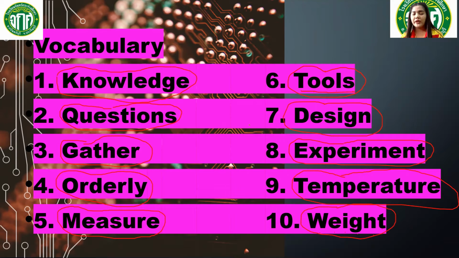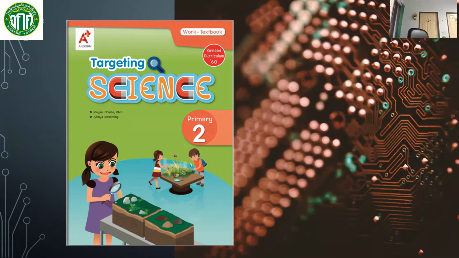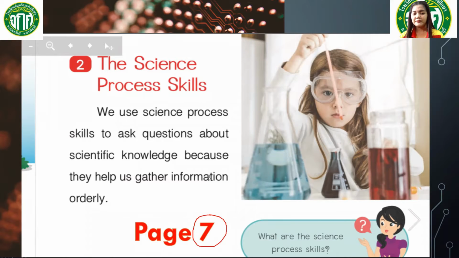Okay, so let's start with our topic. Now open it to page 7. Are you ready, everyone? Okay, so we have here the science process skills. What is the use of the science process skills? We use science process skills to ask questions about scientific knowledge because they help us gather information orderly.